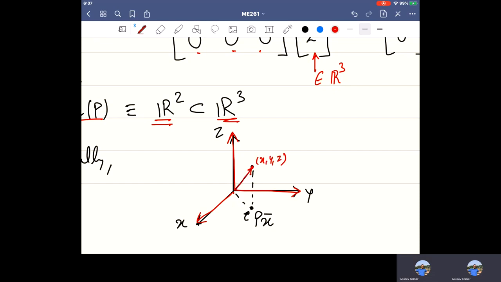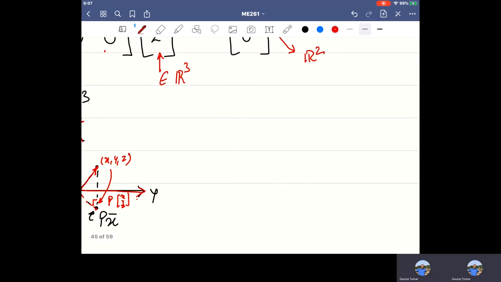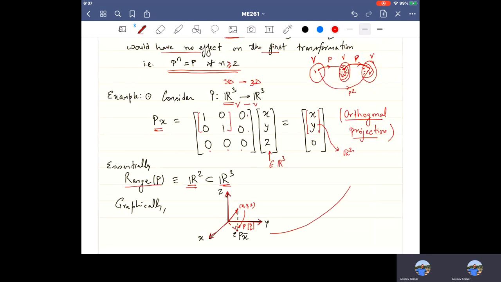Now, when you operate on it with P, P of X, Y, Z will map it to only the XY plane. It will give you the coordinates, and this angle is going to be 90 degrees. Correct? And therefore it's called an orthogonal projection. That's why we named it an orthogonal projection.